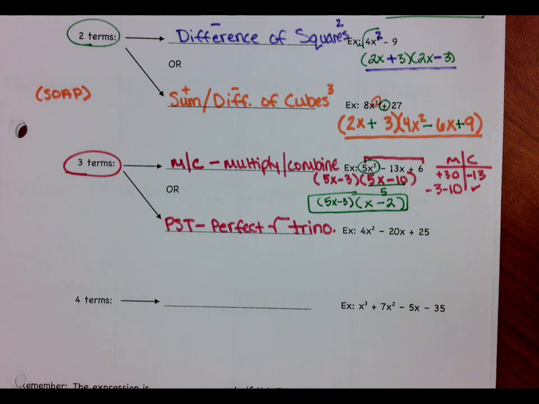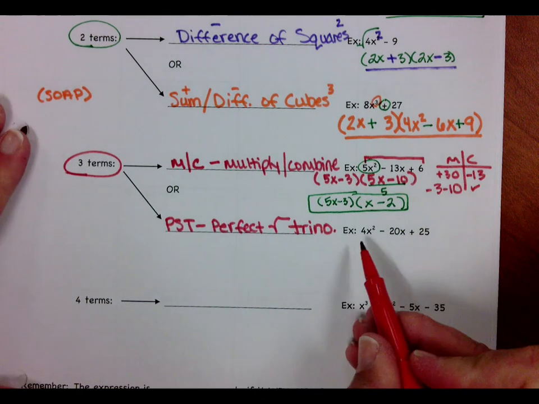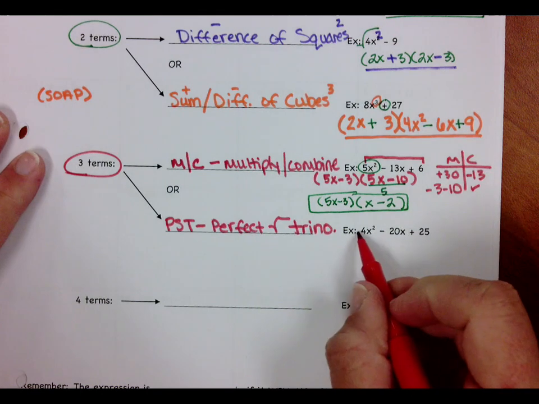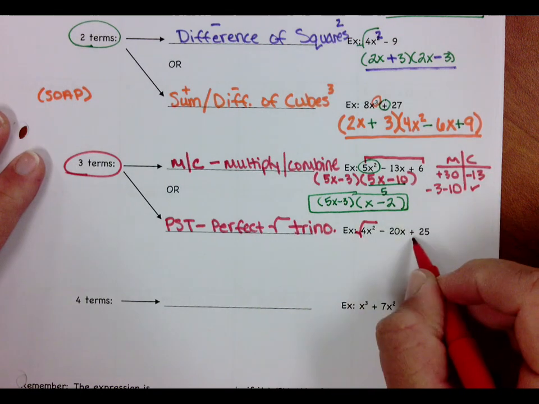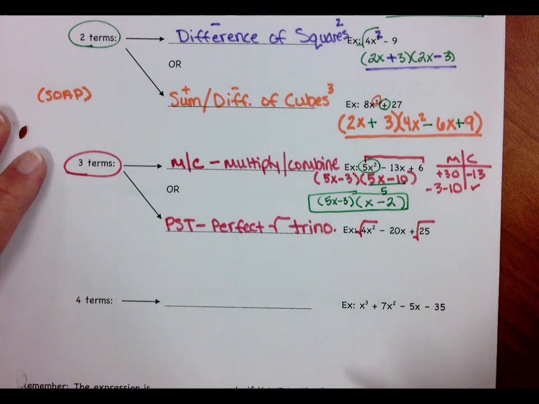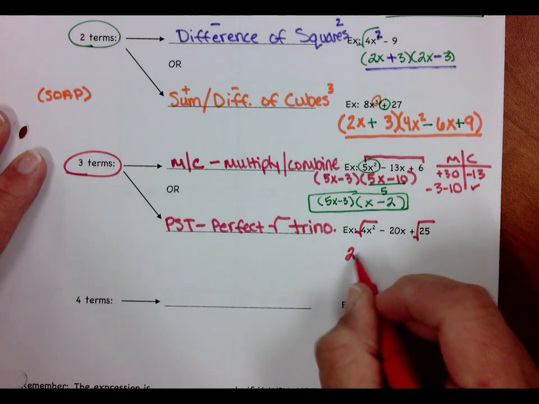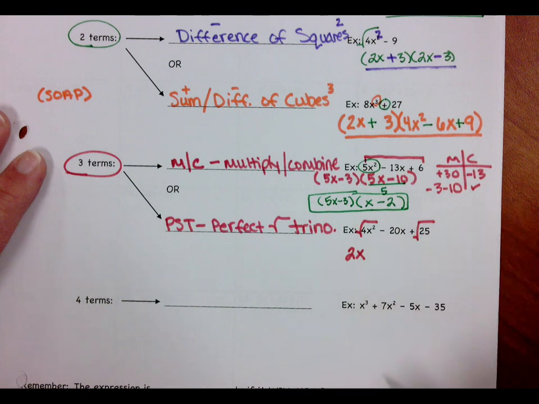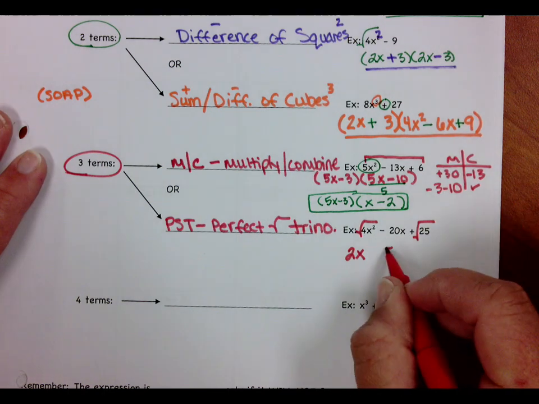All right. The perfect square trinomial, again, is that this is a perfect square and that this is a perfect square. So what is the square root of 4? 2, so it's 2x. And what's the square root of 25? 5.